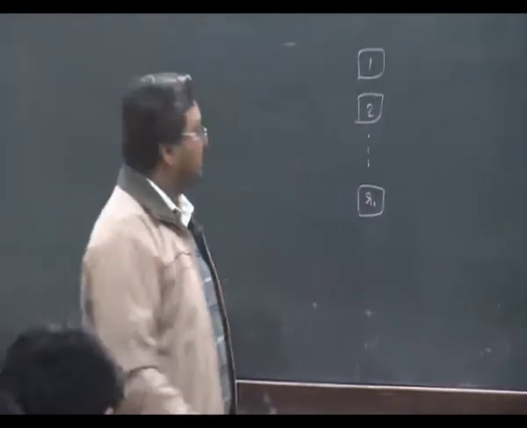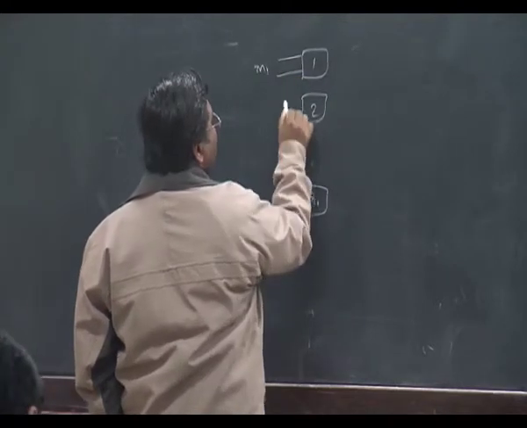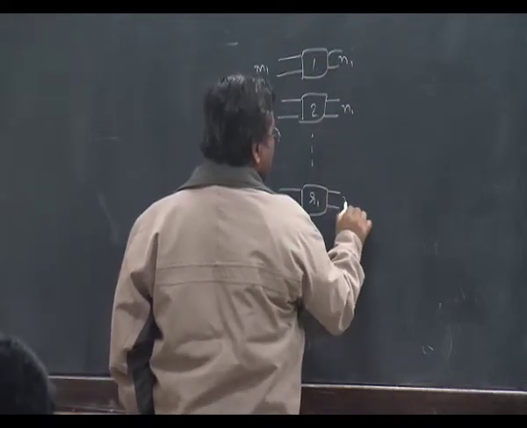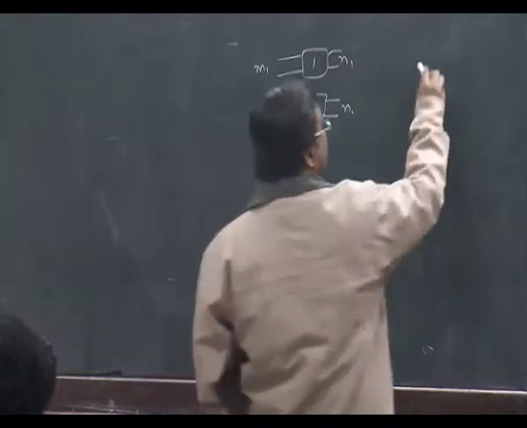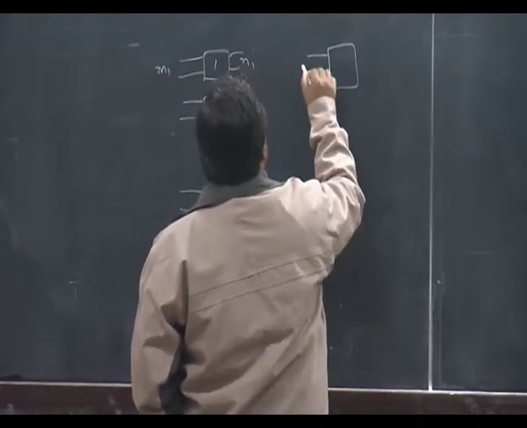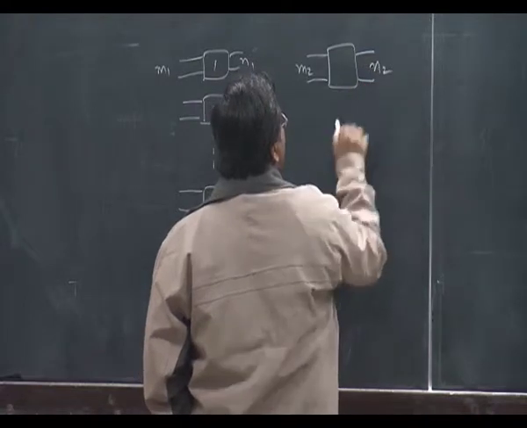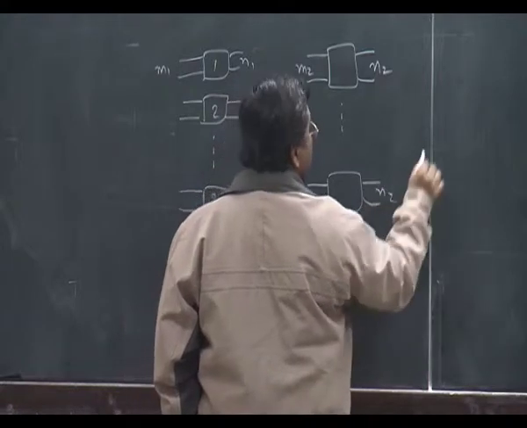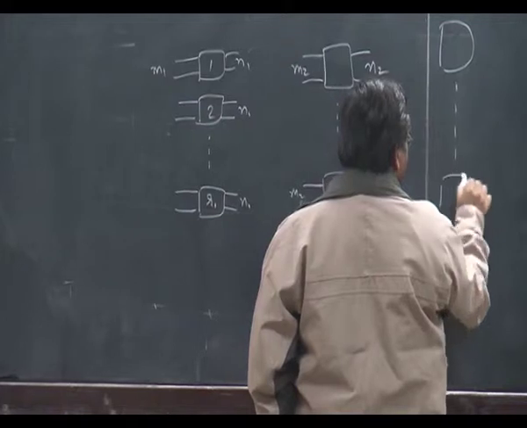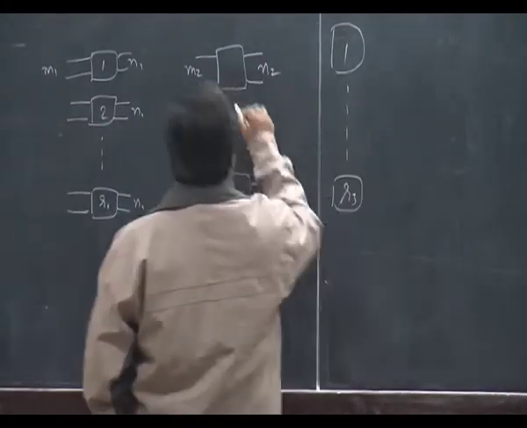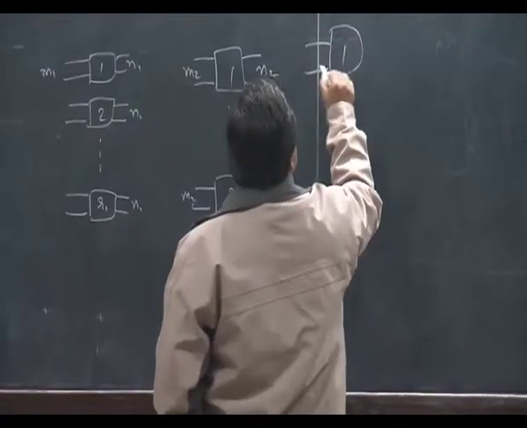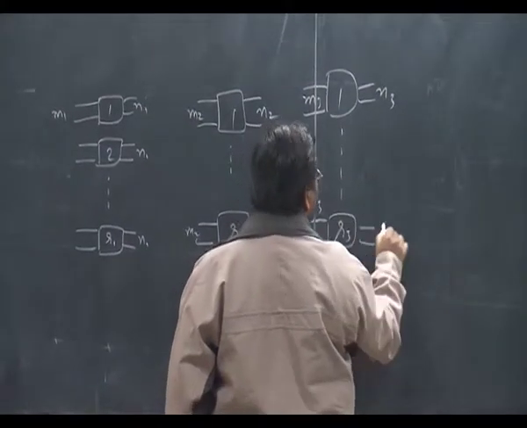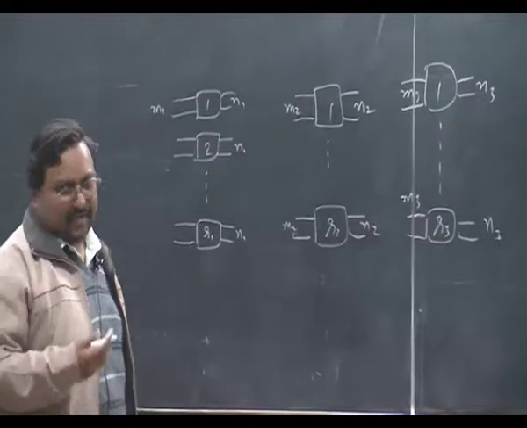we have total R1 switches, and you have M1 incoming ports, N1 outgoing ports, and here you have M2, N2 outgoing ports, and then there is a third stage. That is what I had done earlier.